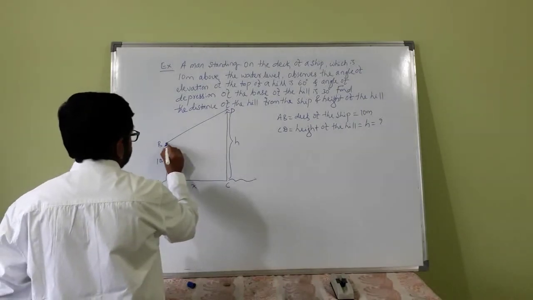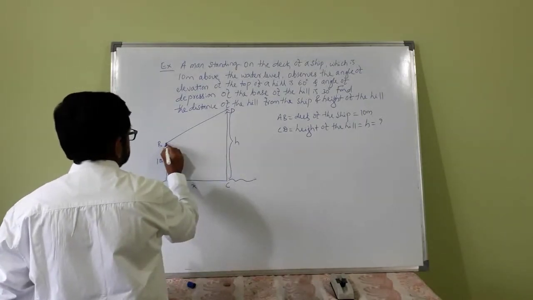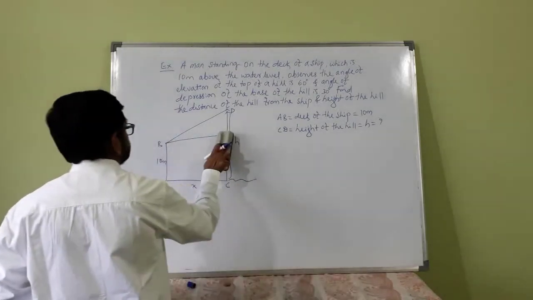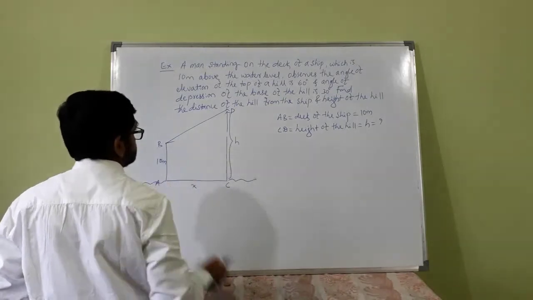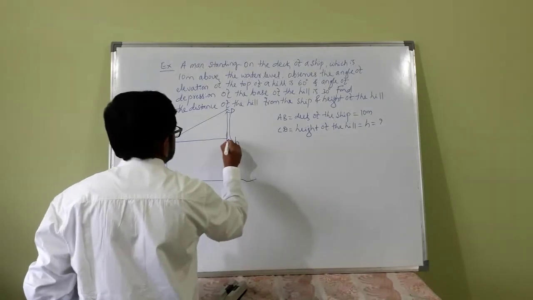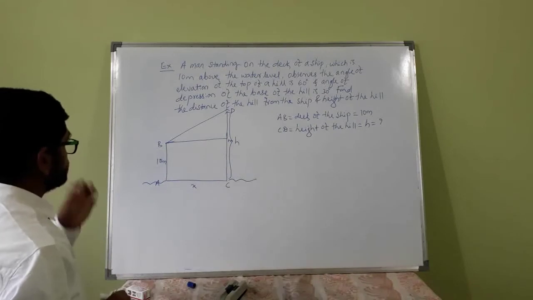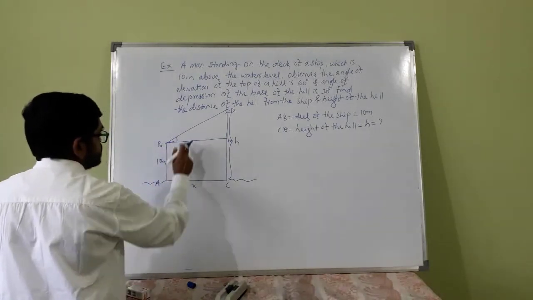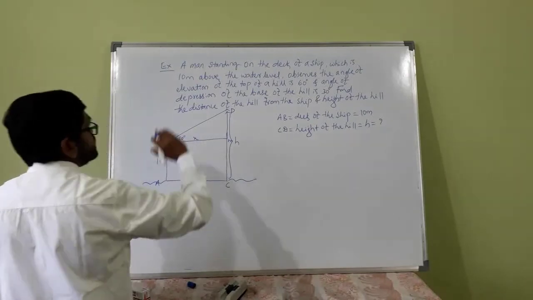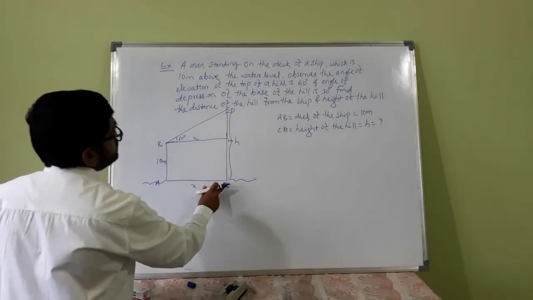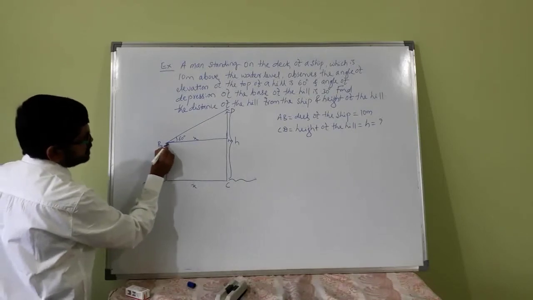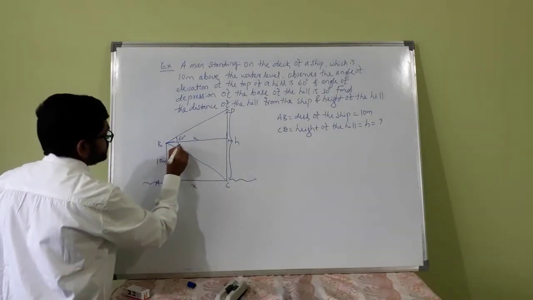Draw a perpendicular BM to CD, suppose it is M. These two are parallel, so this is also X, 60 degree, that is given, the angle of elevation. And the angle of depression to the base of the hill, this angle, is 30 degree.